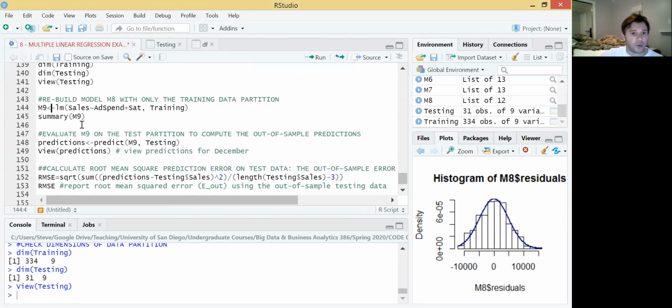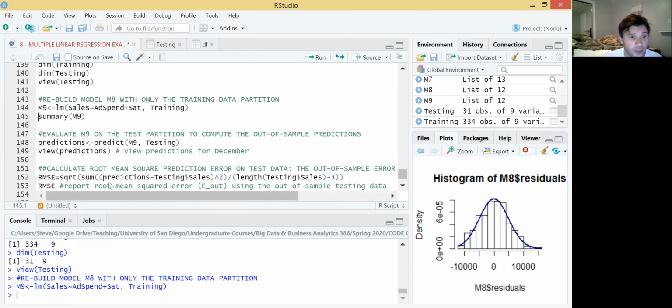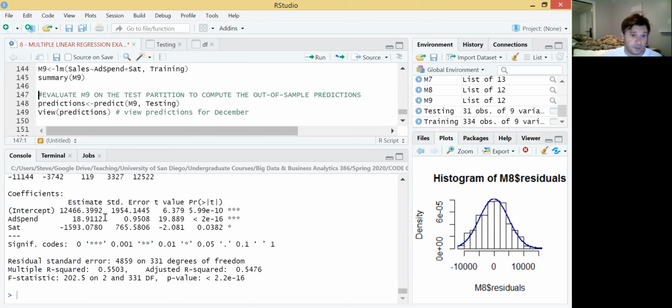Let's go ahead and rebuild model 8, but we're only going to use the training data to do that. So it's the same structure as model 8. We have ad spend and that Saturday dummy variable on the right, but I'm building it with different data, which means the parameter estimates we get when we look at the summary will be a little bit different.